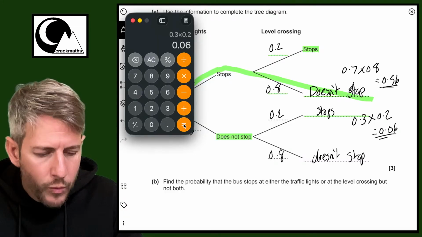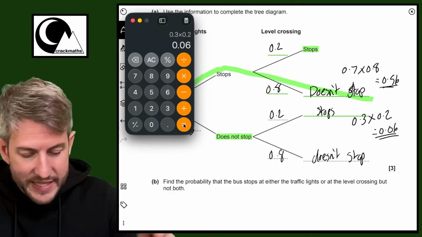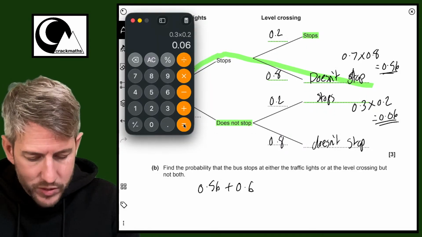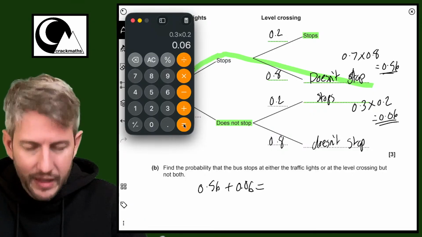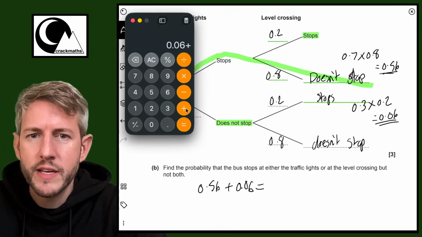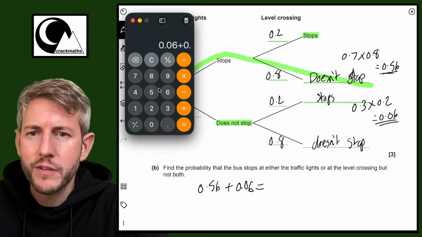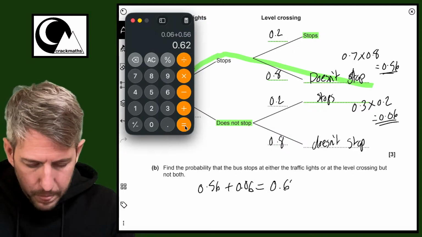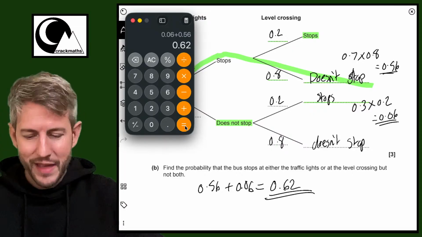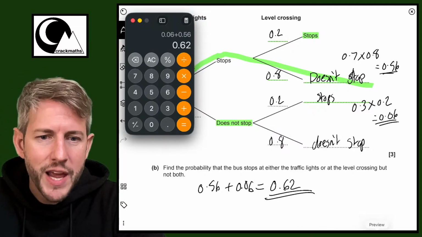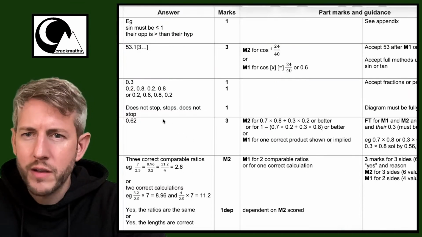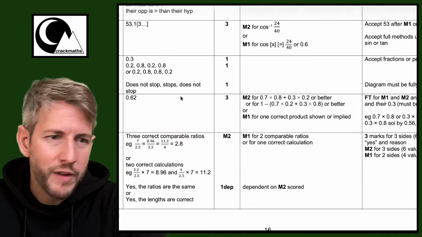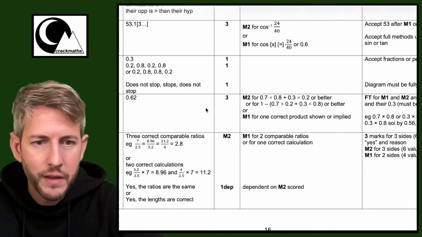Okay, we've got those two bits now, and we just need to add those together. So 0.56 add 0.06 equals 0.62. Okay, there we go, and that's the answer to that. Let's check that with our mark scheme. Yeah, 0.62 there. And that means this bit has to be correct because we wouldn't have got the right answer if it hadn't been.